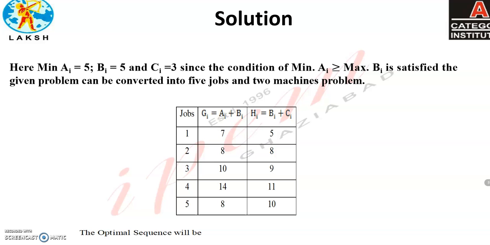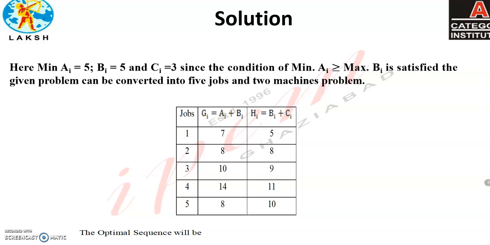Here if 3 machines and n jobs are given, first we will convert it into a 2 machine problem, so that the optimal sequencing can be done, right? In a sequencing problem we have to find out two things.